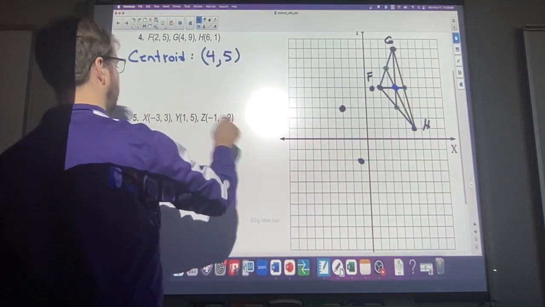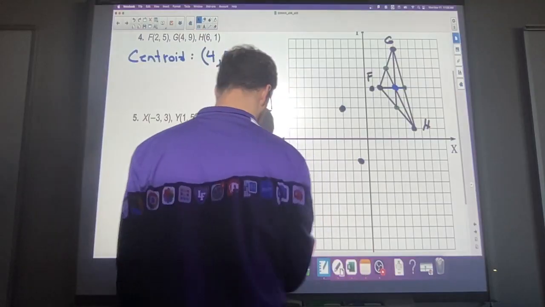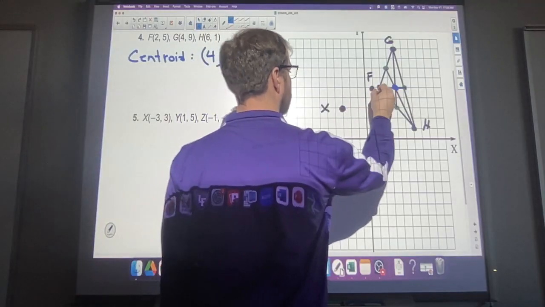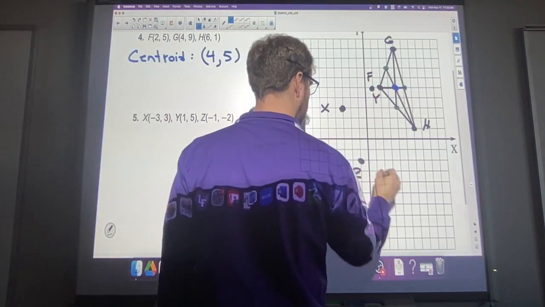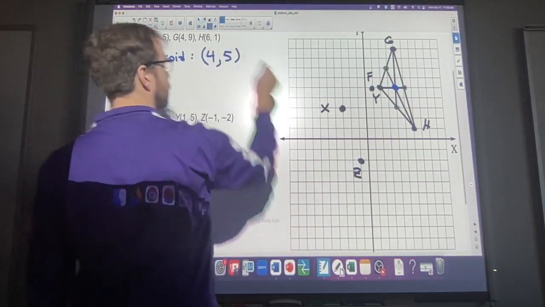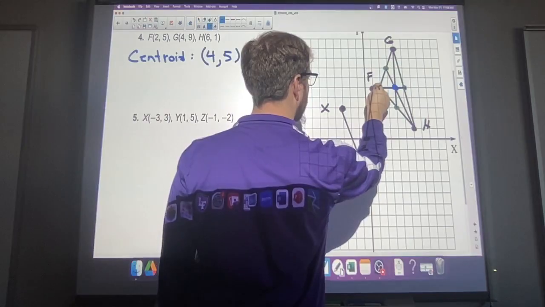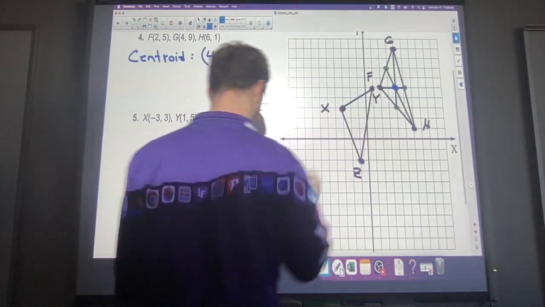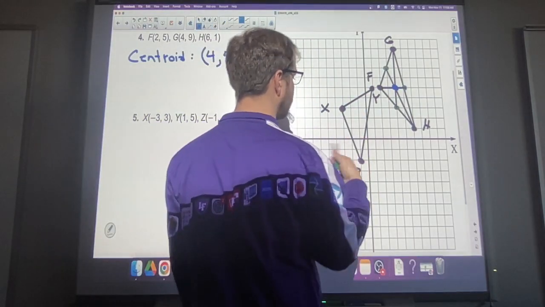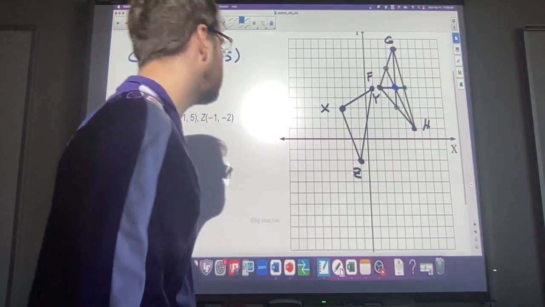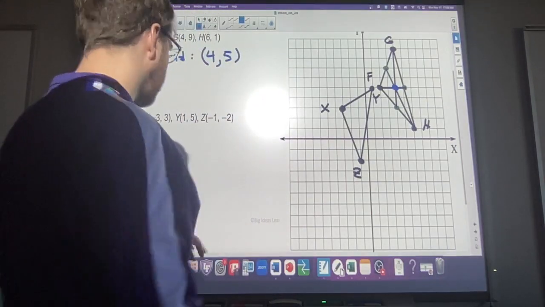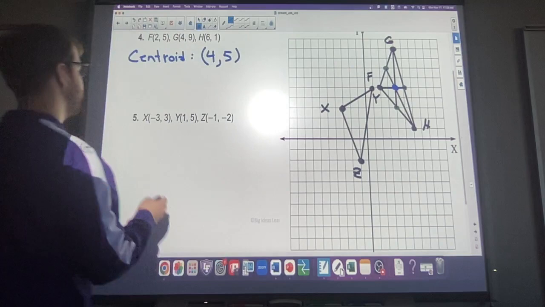And it's X, Y, Z. All right, my midpoints on here. Okay, this is where I'm going to get some decimals, just looking at it. So I'm just going to double check with the midpoint formula, okay?